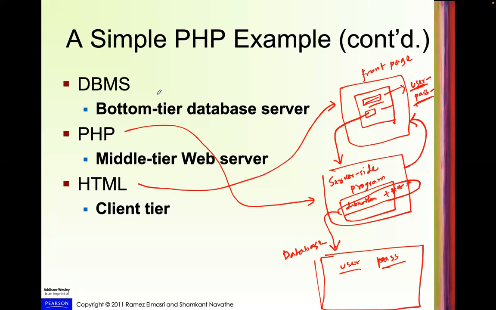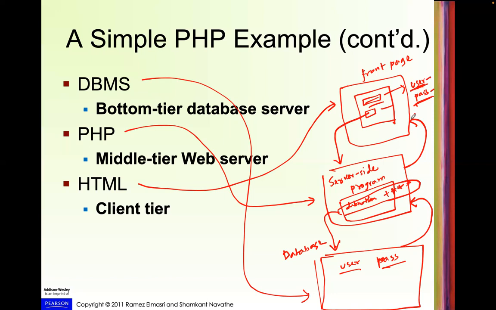At the bottom tier we are going to have the database, and you can see that the database will be connected only to the server-side program. The front page is not connected with the database. The front page will connect to the server-side program, and the server-side will connect with the database. The database will give the result back to the middle tier, the server-side program, and it will give the result to the front page.